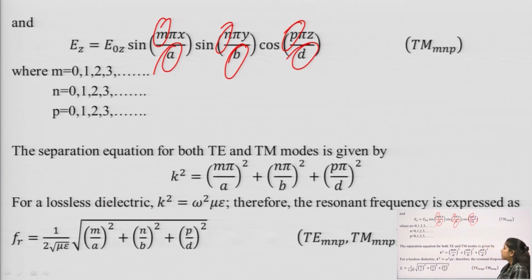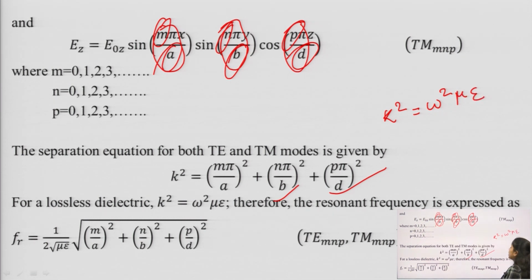So, now the separation equation for both TE and TM modes in the case of a rectangular cavity resonator is the same, and that is equal to (mπ/a)² + (nπ/b)² + (pπ/d)². And as we know, k² is equal to ω²με, and this will basically represent our cutoff wave number.